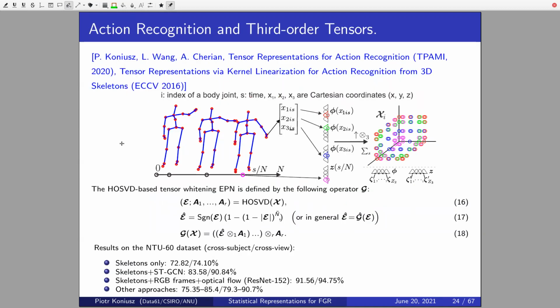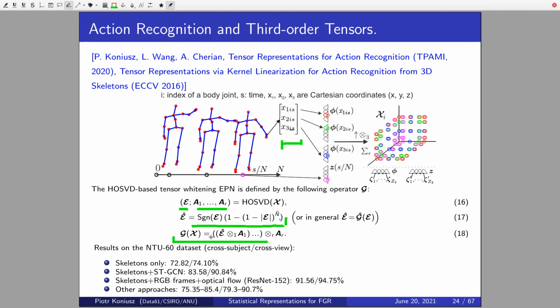Another example is action recognition. So imagine that we have skeletons, we have some 3D coordinates, we perform the coding, embedding, we compute a third-order outer product, form third-order tensors. Now one can perform a power normalization by applying higher-order SVD to obtain a core tensor and factor matrices. Over here, one performs the power normalization on the spectrum.